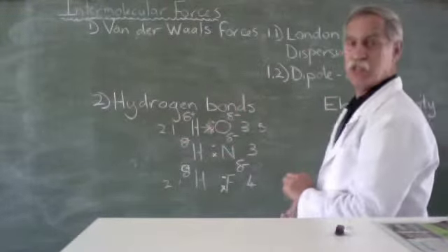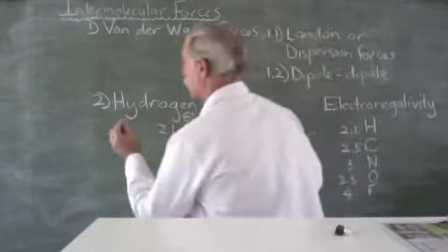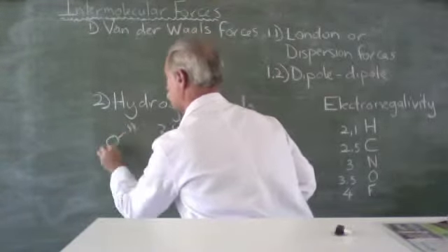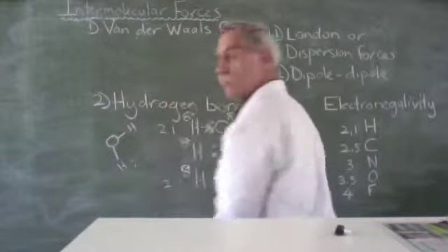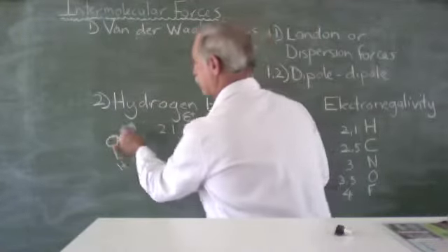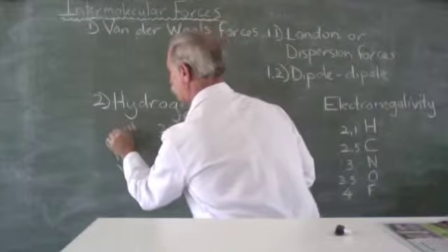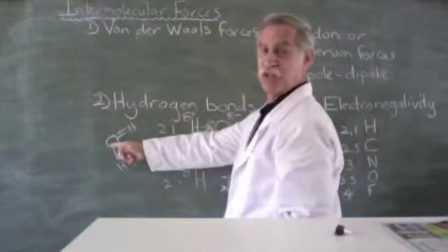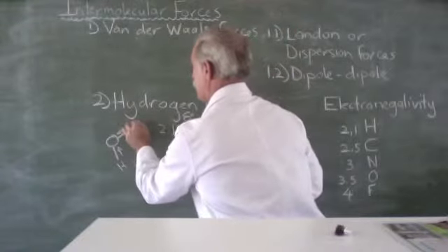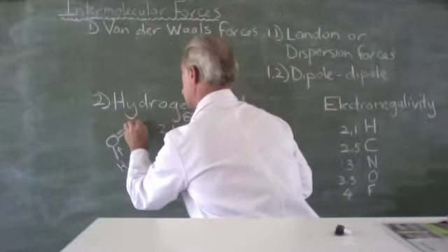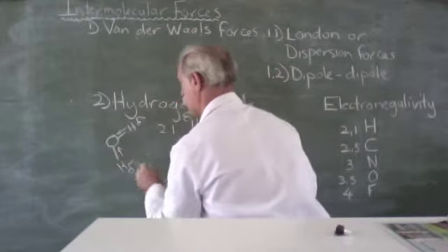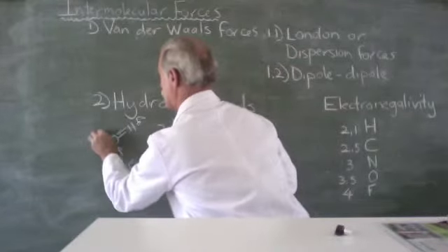Well, if we have something that has got, there's our water molecule, and this has pulled the electrons like this towards the oxygen. These are becoming slightly positive, but this has become slightly negative.